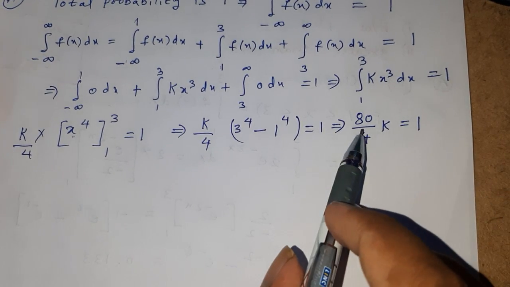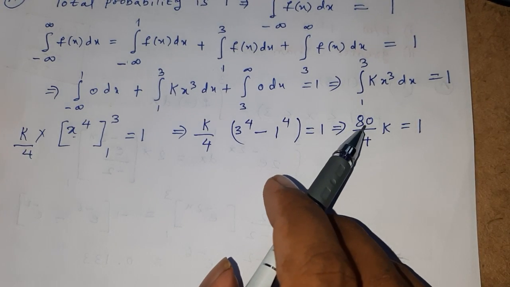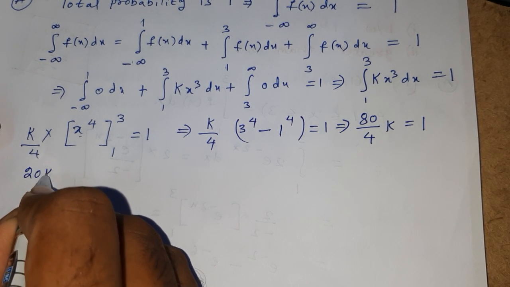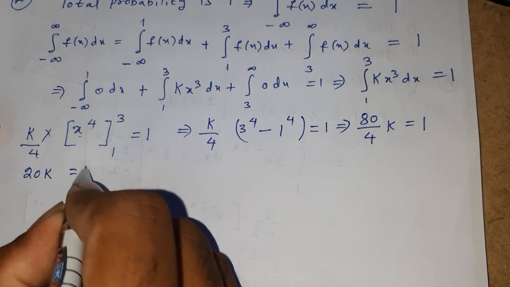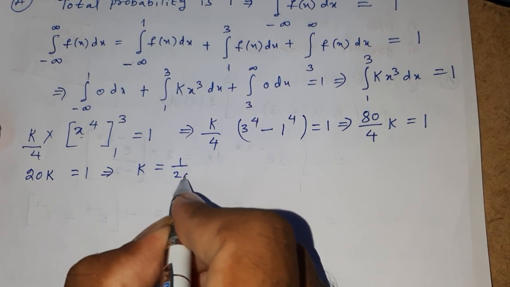Okay, but 4 goes 20 times in 80, that is 20k is equal to 1, k is equal to 1 by 20.